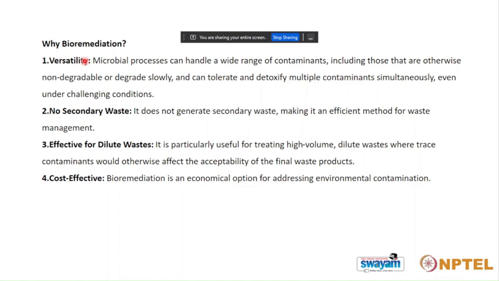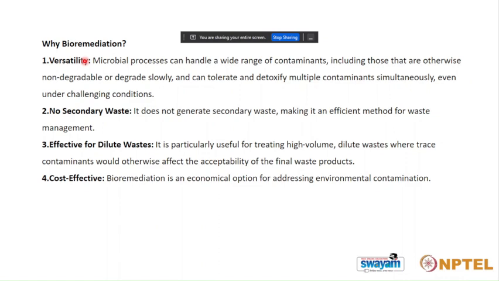And it is also effective for dilute wastes. For example, if we are treating a large volume of wastewater where the contaminants are present in dilute concentrations, the final waste products obtained after the treatment will be acceptable in the case of bioremediation.